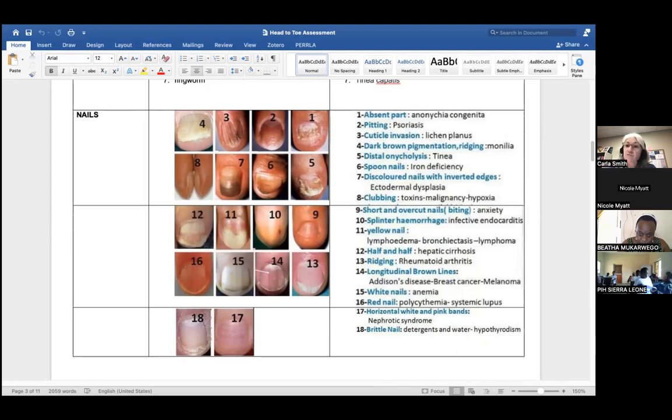If they're really red, they could have polycythemia or have lupus. So there's a lot of different things that can indicate in their nails. Another one that you may see commonly, splinter hemorrhages. They look like red streaks, vertical streaks in the nail. That can be indicative of infective endocarditis.